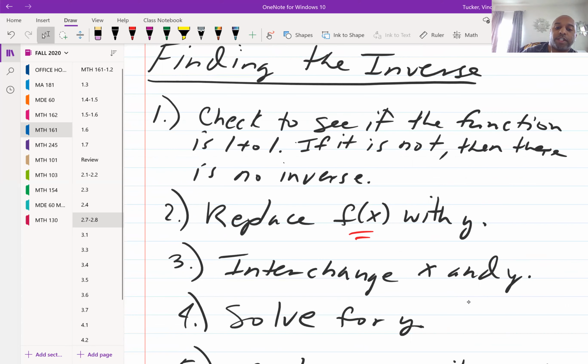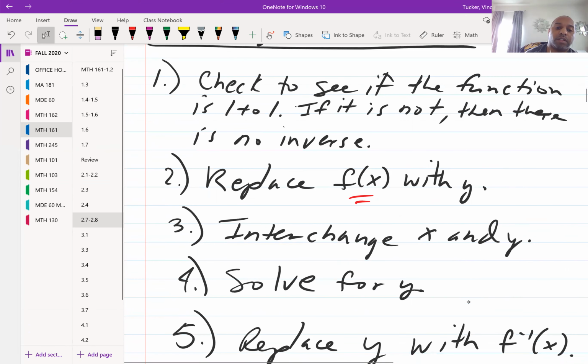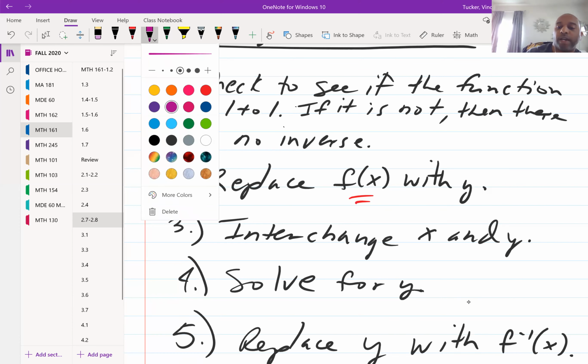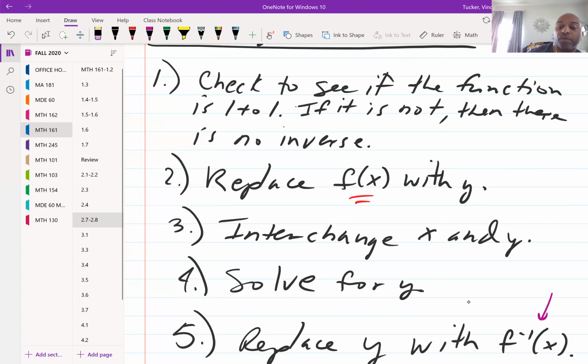Step 3 is interchange x and y. Step 4 is to solve for y. Then step 5 is you're going to replace y with f inverse of x. So I had to come back and put in the proper notation for your last step.